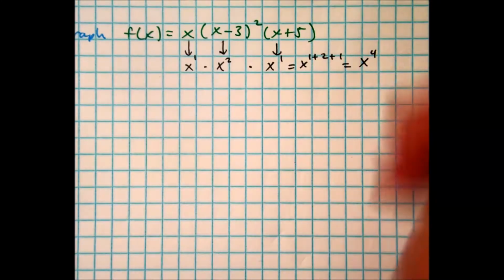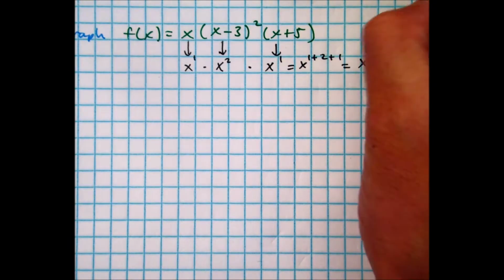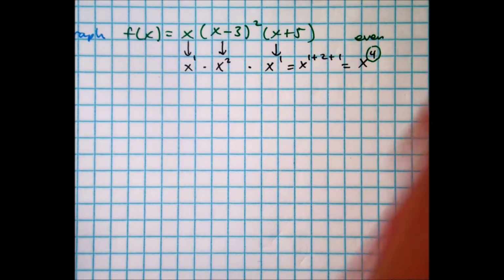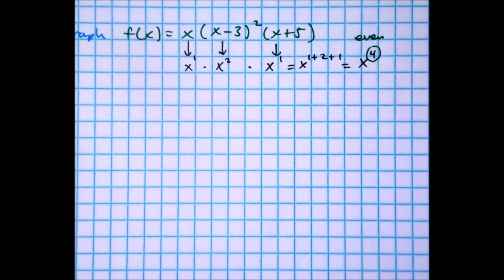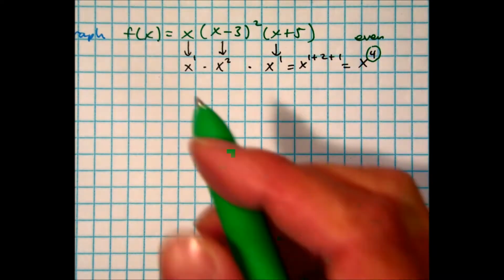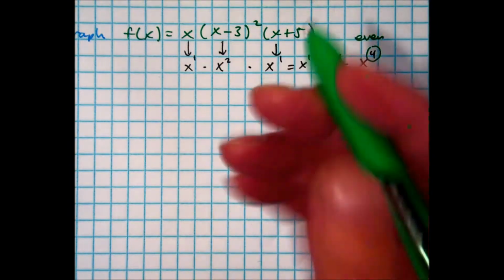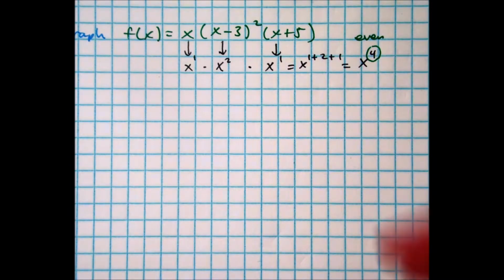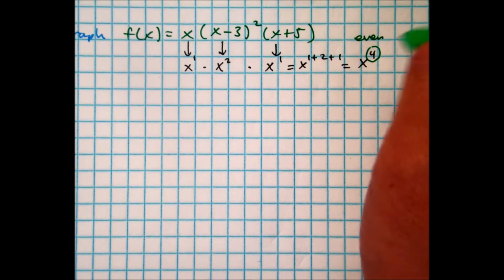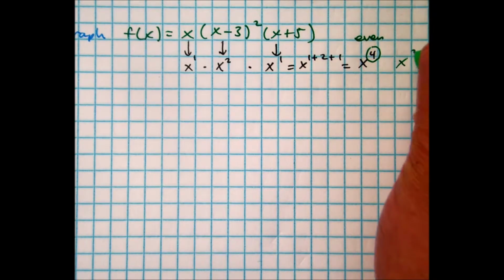Now, is 4 even or odd? Even. I have to think back to what is the easiest even one we know. Quadratic? It's a quadratic one. I have x squared.